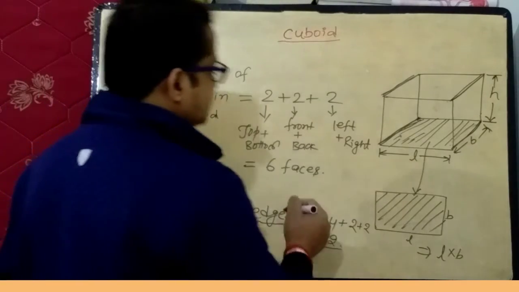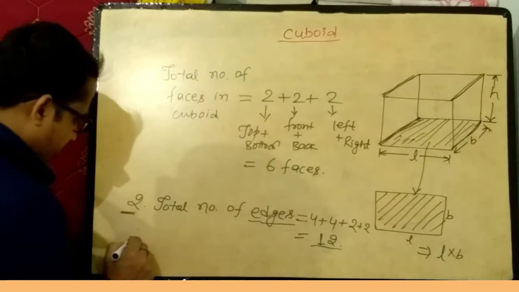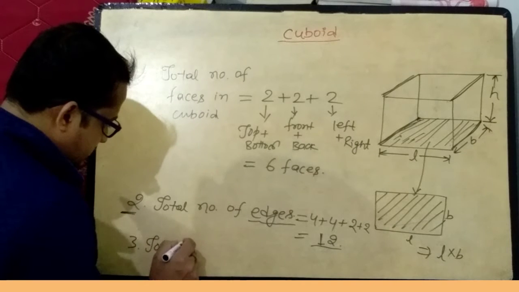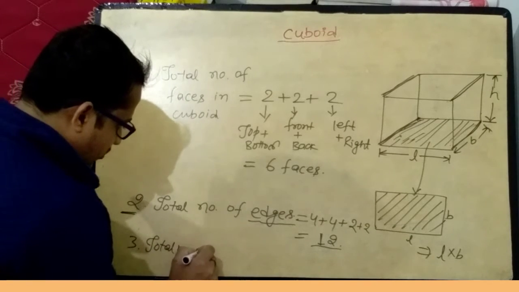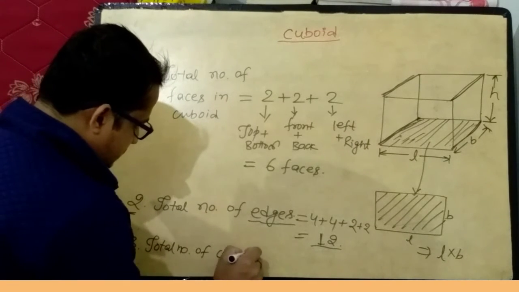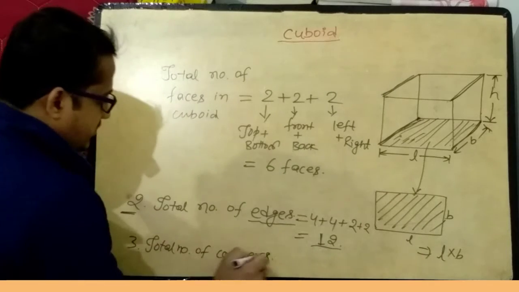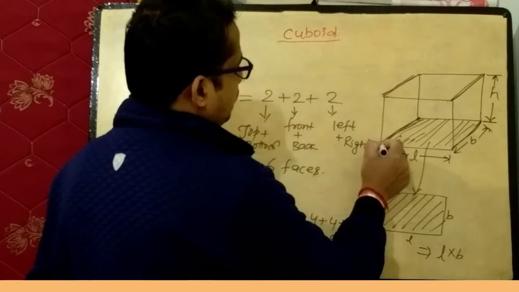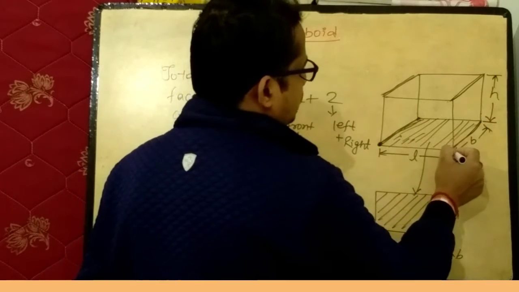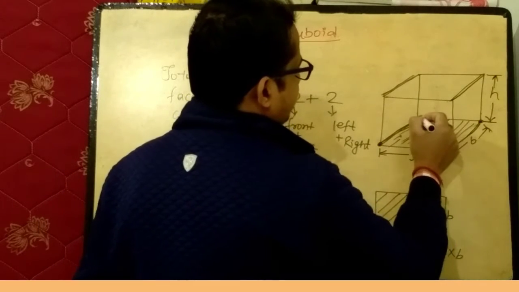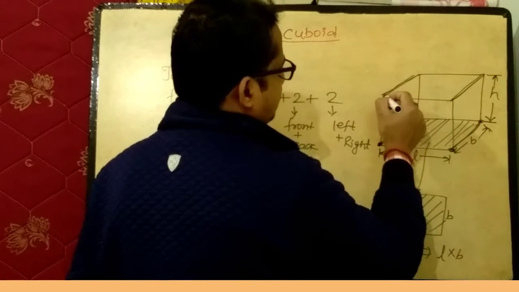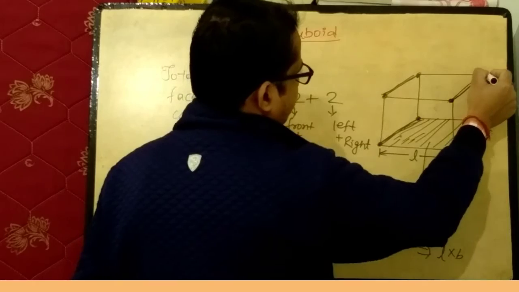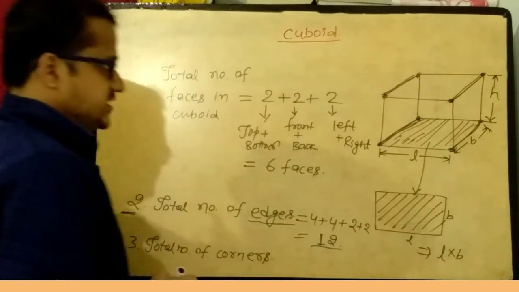Next is total number of corners or vertices. There are total 1, 2, 3, 4, 5, 6, 7 and this is 8.